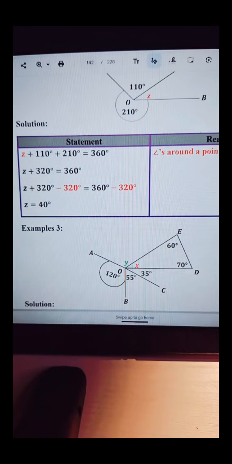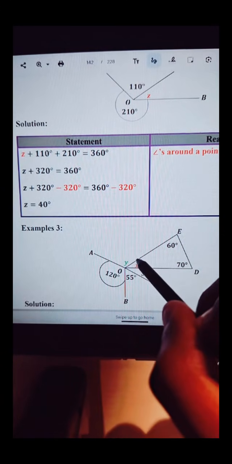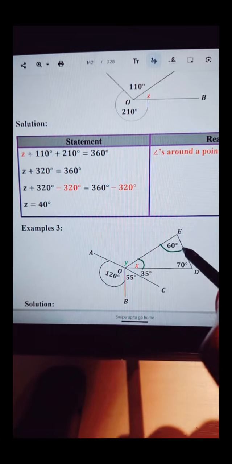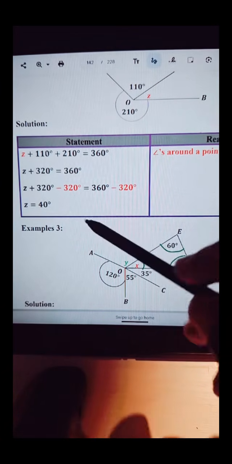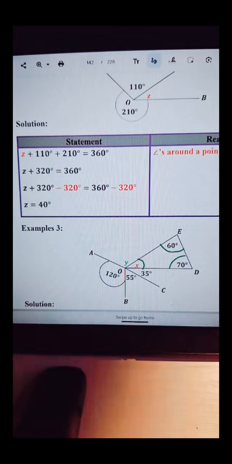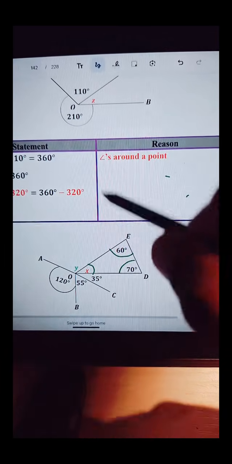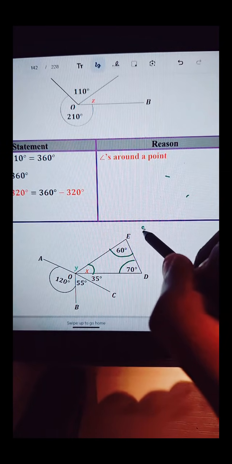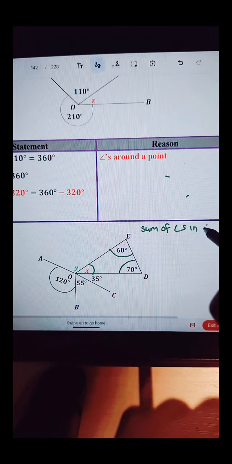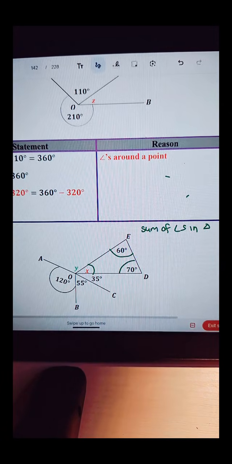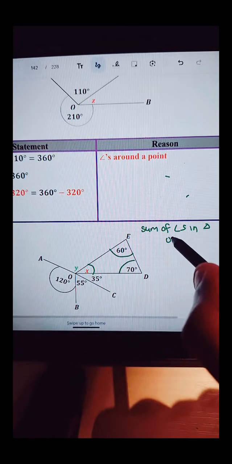Yeah. So I love the fact that someone said they looked at this as they saw a triangle. And I like the fact that someone said sum of angles in triangle, because that's one of the acceptable reasons you can use.